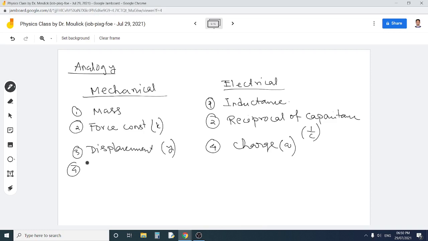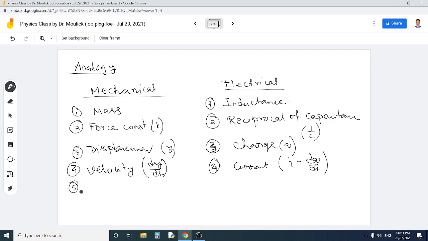Then the velocity, which is nothing but the rate of change of displacement of the particle which is oscillating. Sorry, it should have been 3, this should have been 4. In this case, you have the electrical current I, equal to dq dt. Forgetting about whether there is a plus or minus sign, we are just concerned about the magnitude of it.